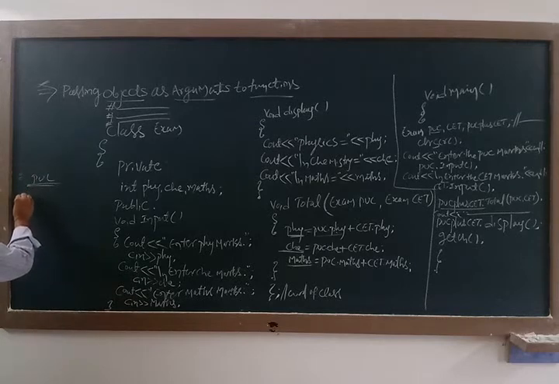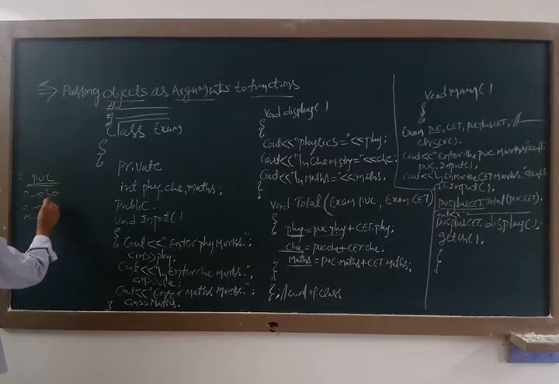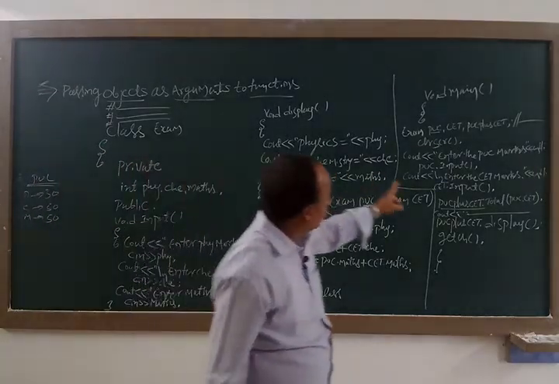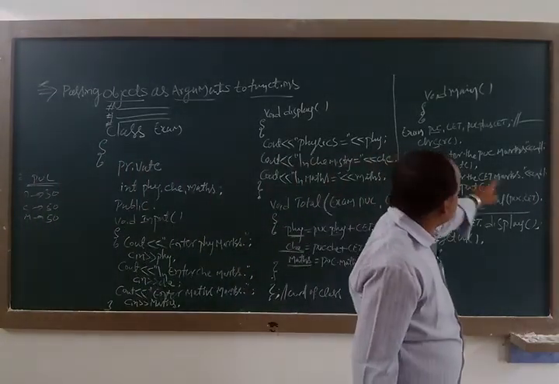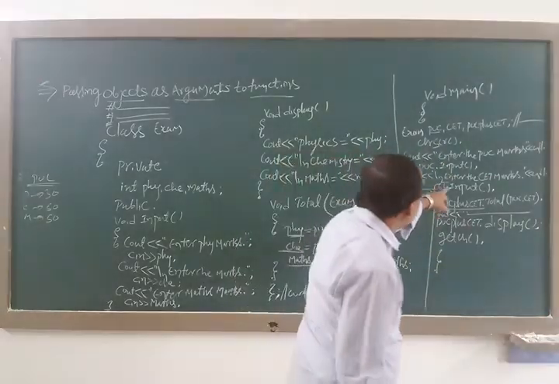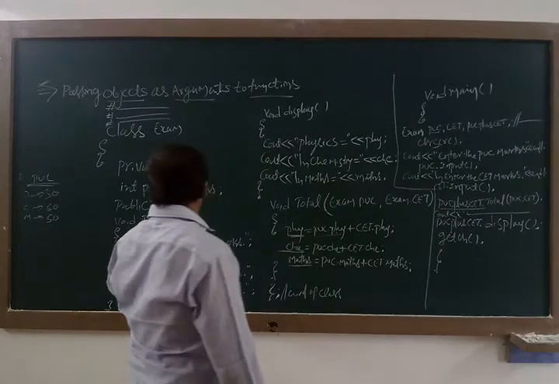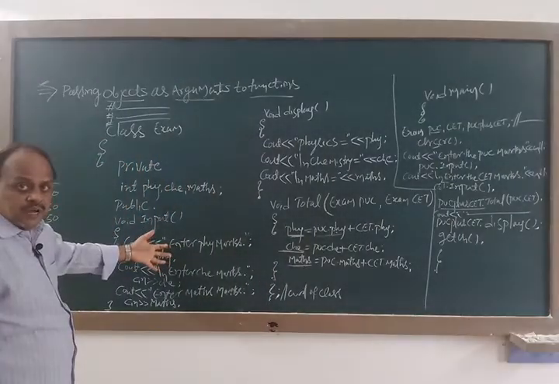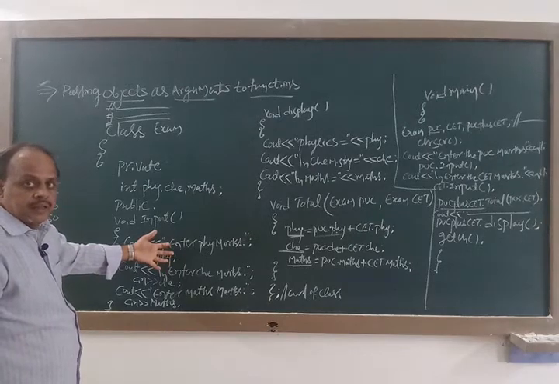ಈಗ PUC physics, PUC chemistry, PUC maths marks 50 50 50 ಈ ಥರ ರೀಡ್ ಆಗುತ್ತೆ, right? Next cursor comes back, enter the CET marks. ಒಂದು ಸೆಂಟೆನ್ಸ್ ಪ್ರಿಂಟ್ ಆಗುತ್ತೆ. ಆಮೇಲೆ CET ಡಾಟ್ ಇನ್ಪುಟ್ ಫಂಕ್ಷನ್ ಮತ್ತೆ ಇದೇ ಇನ್ಪುಟ್ ಫಂಕ್ಷನಿಗೆ ಬರುತ್ತೆ. ಆದರೆ at this time which marks are going to be read?